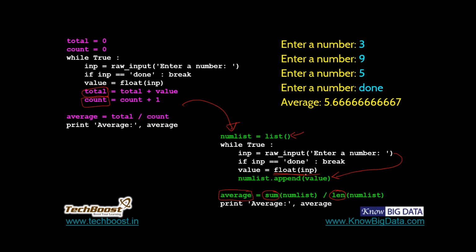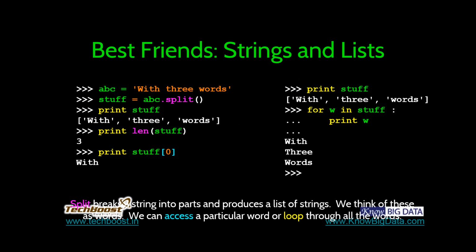Oh, I didn't see the float step. We are already appending the float numbers in this list, and hence you get the float as the average. Okay, we have discussed this.